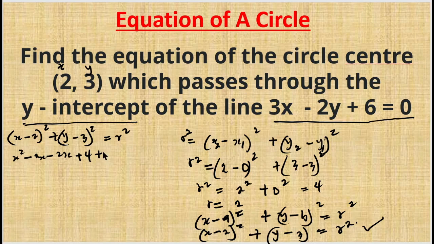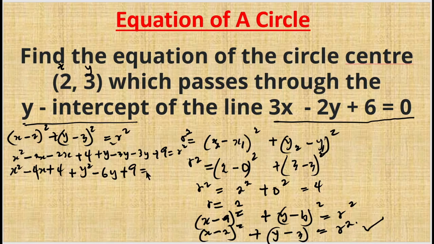Now this is plus y squared minus 3y minus 3y plus 9 equals r squared. So that I'll have x squared minus 4x plus 4 plus y squared minus 6y plus 9 equals r squared. That r is equal to 2, so r squared will be the same thing as 4.